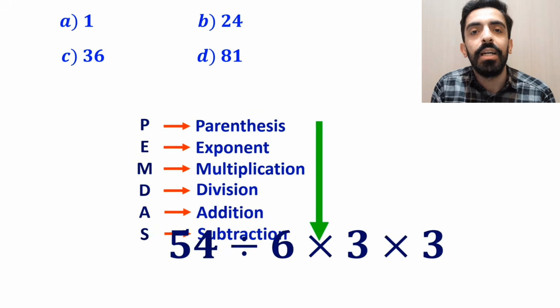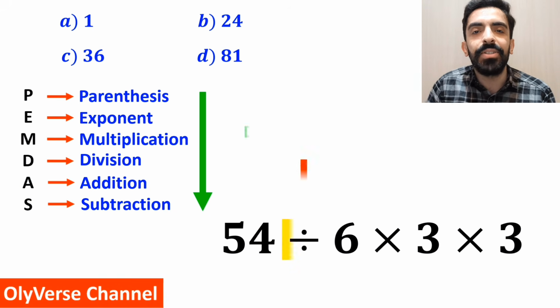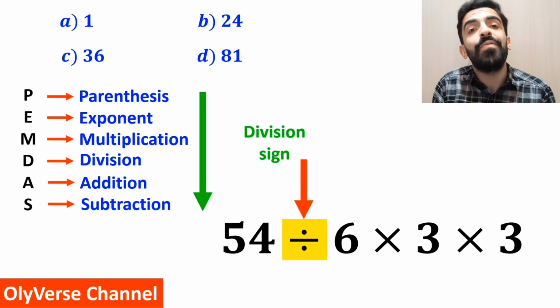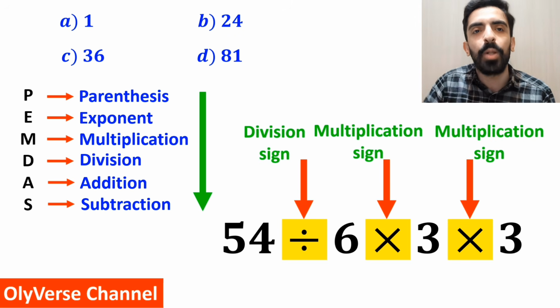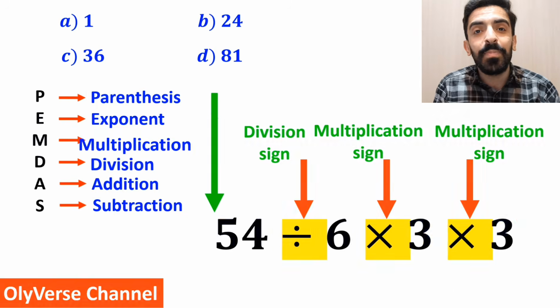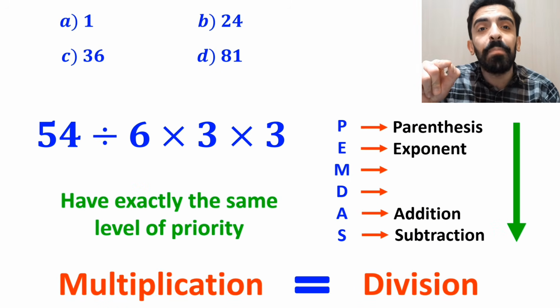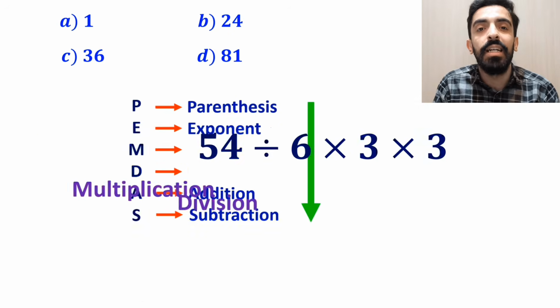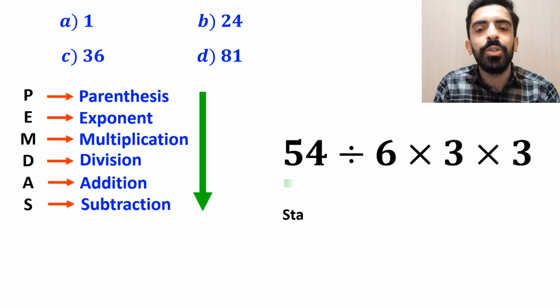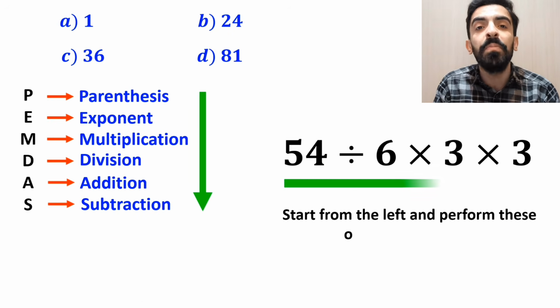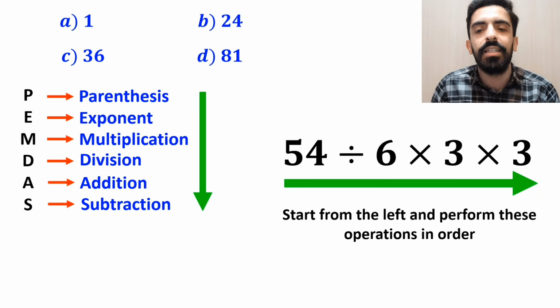Alright, as you can see on the screen, in this expression, we have one division sign followed by two multiplication signs. We must pay close attention that multiplication and division have exactly the same level of priority in the PEMDAS rule. In this situation, the best thing to do is to start from the left and perform these two operations in order.